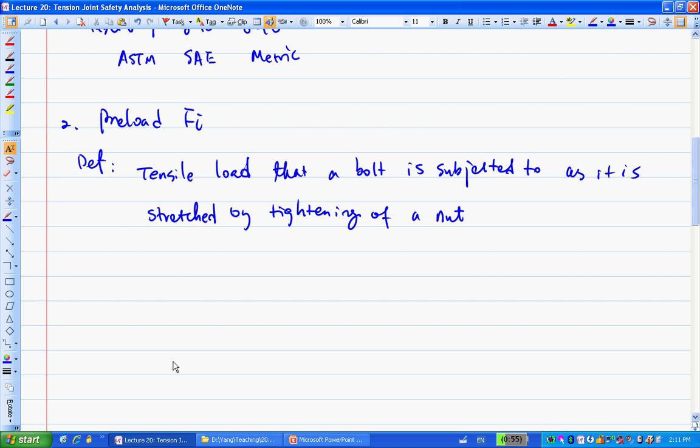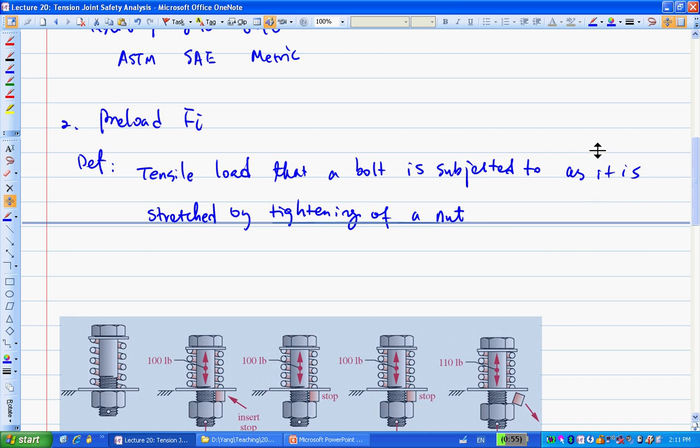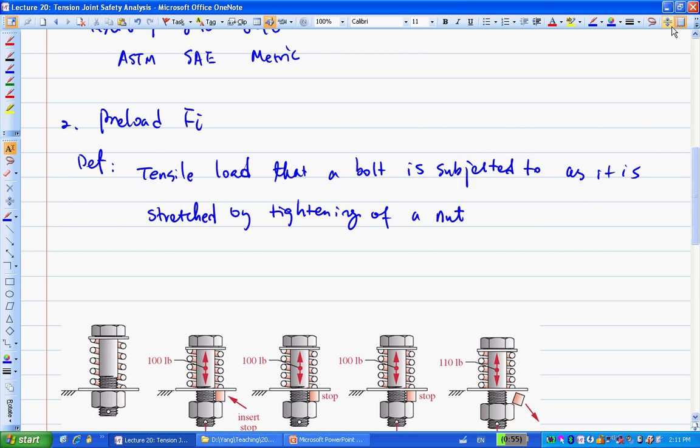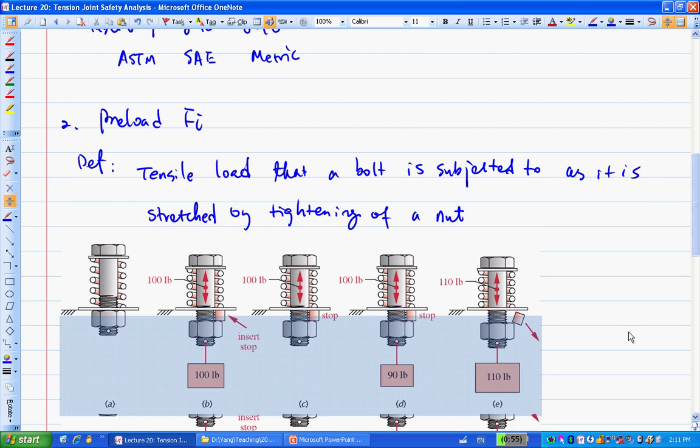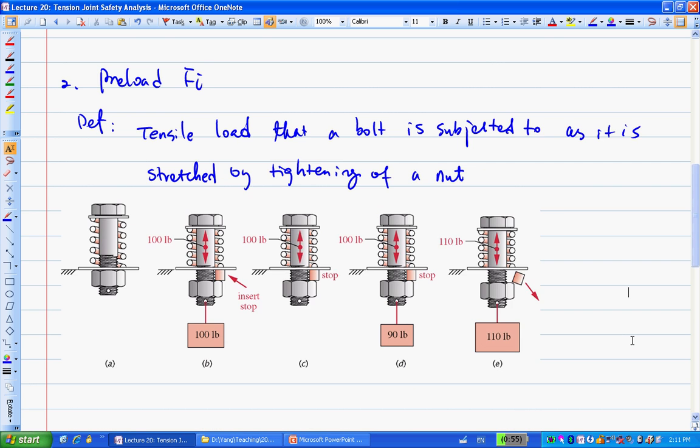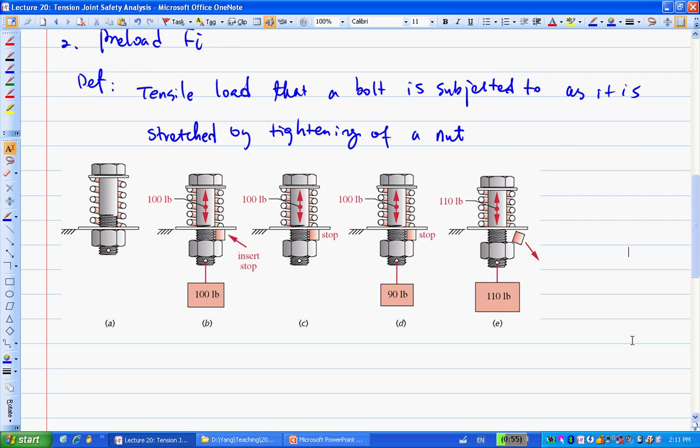The reason is, let me bring up that picture here. If we have a tension joint, the whole safety of the tension joint depends on how much preload you applied. Say for example, this diagram here. Suppose we consider the bolted joint as a kind of spring.